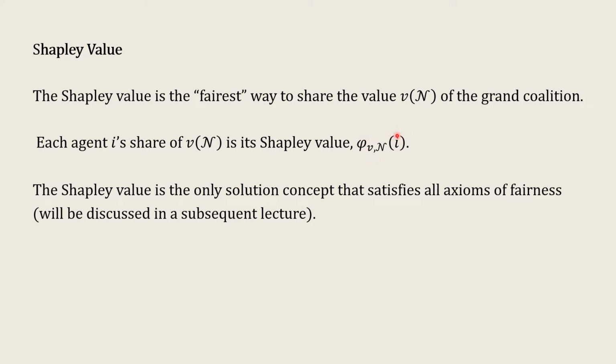This is in some way the fairest way to share this total value. The Shapley value is the only solution concept that satisfies all axioms of fairness, and we will discuss that later. But what this means is that the Shapley value is unique.